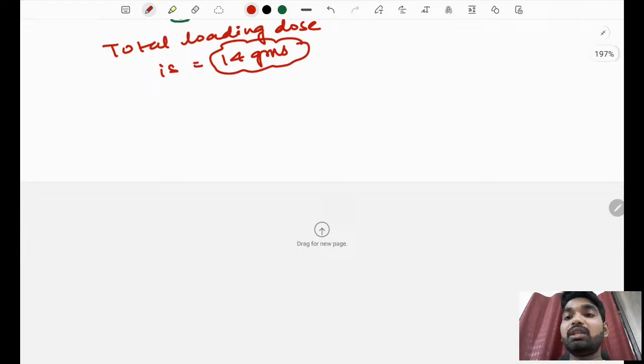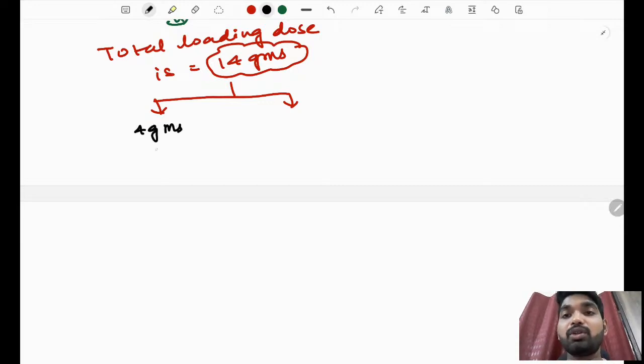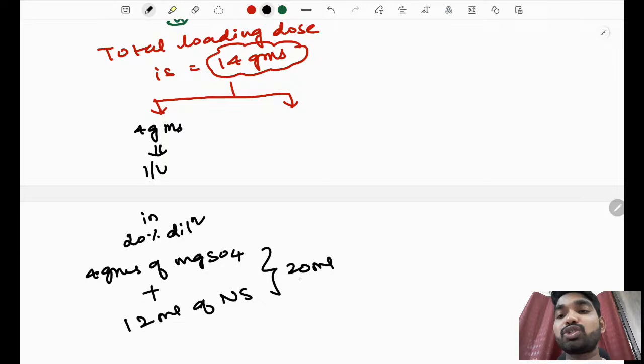And in this 14 grams, 4 grams you will give by IV route, in 20% dilution. That means you take 4 grams of magnesium sulfate and add 12 ml of normal saline. You will make a 20 ml solution and give it slow IV.